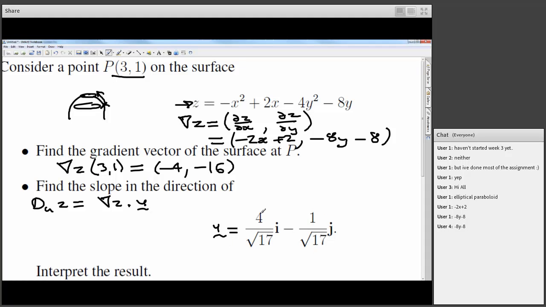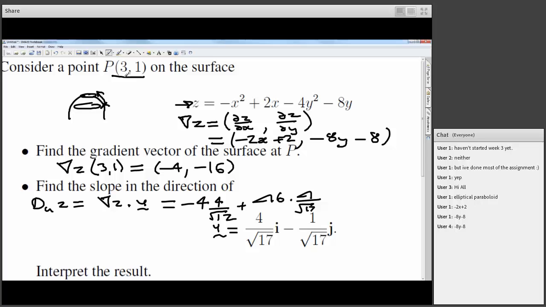If you take the sum of squares, so 4 on root 17 squared plus 1 on root 17 squared, you end up getting 1. So it actually has length 1, so you don't have to normalize in this case. That's already done. So in this case, it'd be minus 4. Dot product just means multiply the corresponding terms. So minus 16 times minus 1 on root 17. So just multiply all matching terms and add them all up.